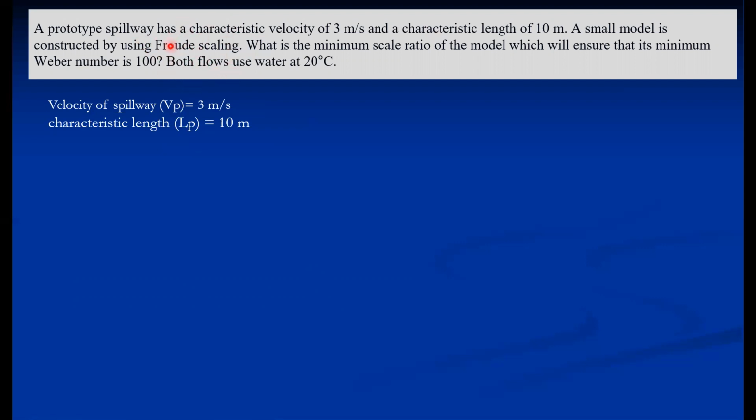So the length we obtain by using Froude scaling. According to the Weber law, first of all we apply it because the Weber number is given for the model. So we use the relation of the Weber number for the model, that is Vm upon under root sigma upon rho Lm, that is equal to 100.